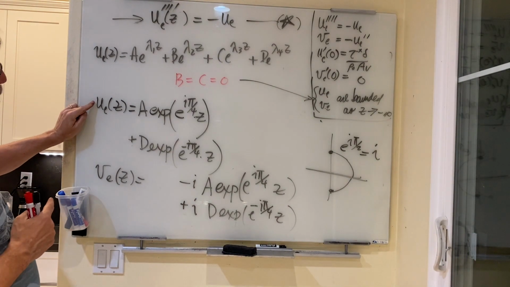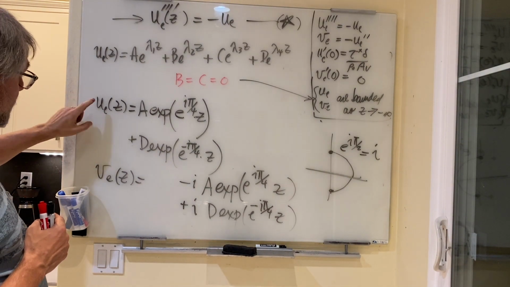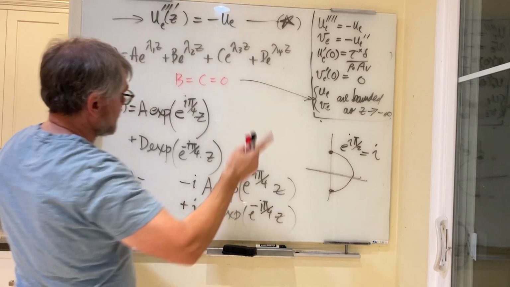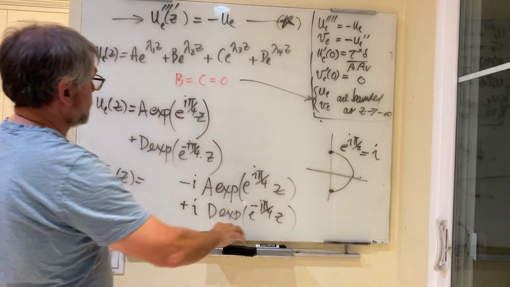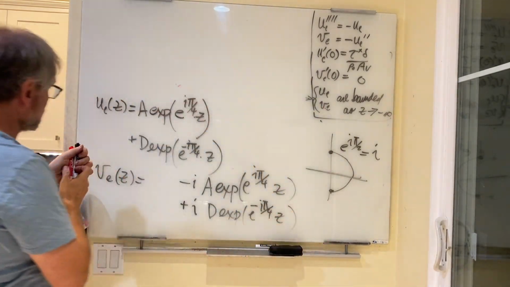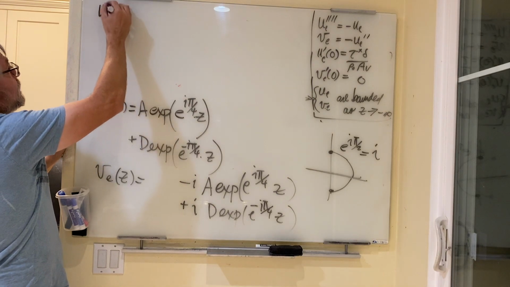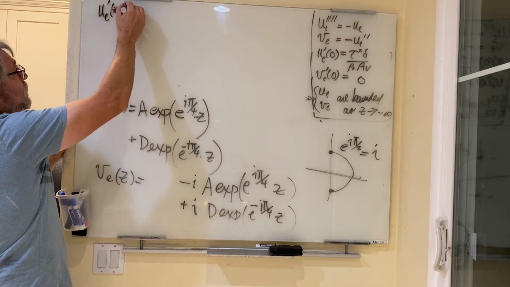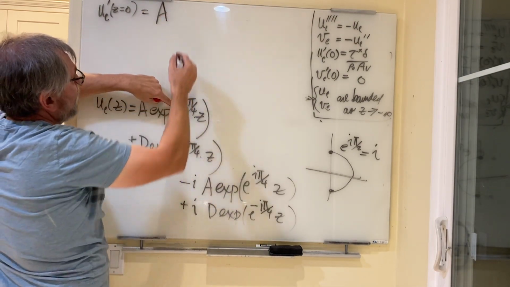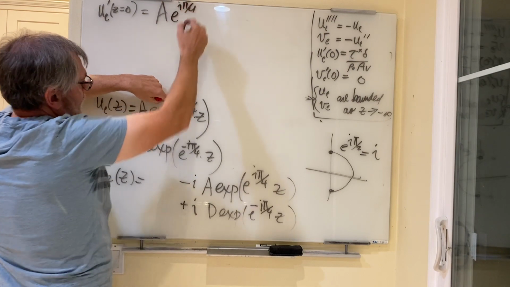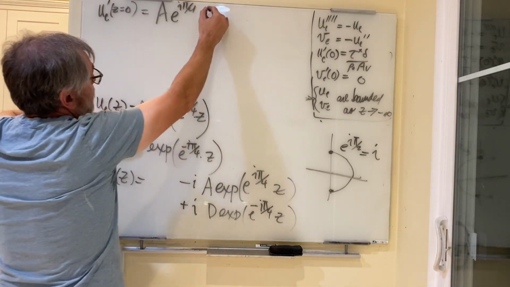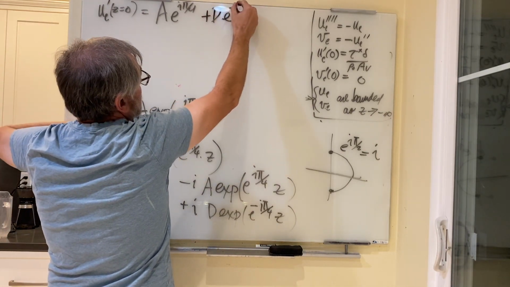Alright, so this is what VE is, and this is what UE is. And then I take the first derivative of each, and I set z equal to 0. And then I set those equal to that quantity. So if I take the first derivative of UE, primed at z equals 0 is going to be A. And if I take one derivative, I multiply by a factor of e to the I pi by 4. And then I evaluate, the exponential evaluated at 0 is just 1, plus d e to the minus I pi by 4.